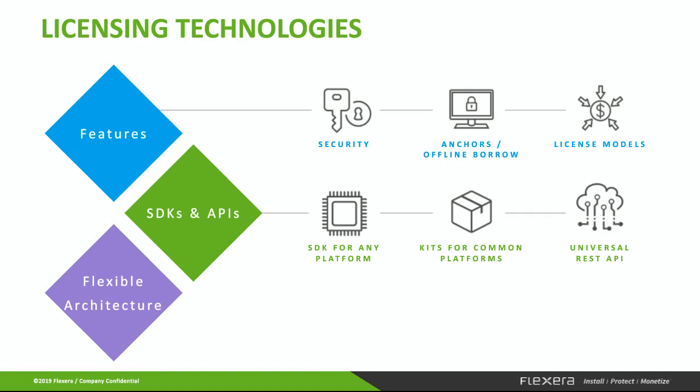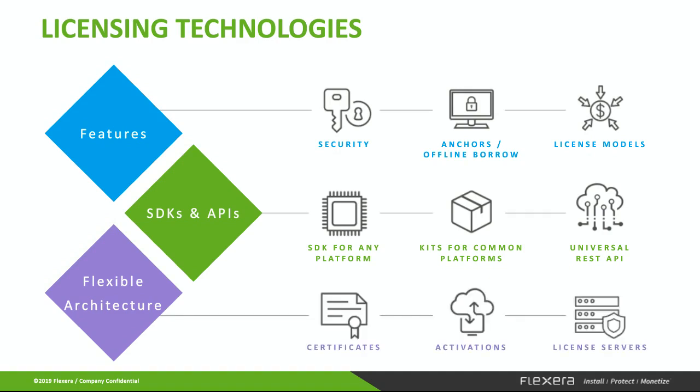And if that's all in one solution, so you can mix and match, that's ideal for your flexibility. And again, also architecture, certificates and activations and license servers, as we talked about, and the ability to mix and match and use those as applicable to you would be really powerful.